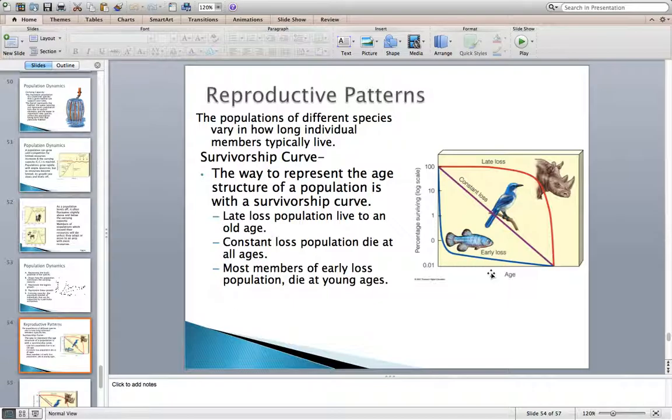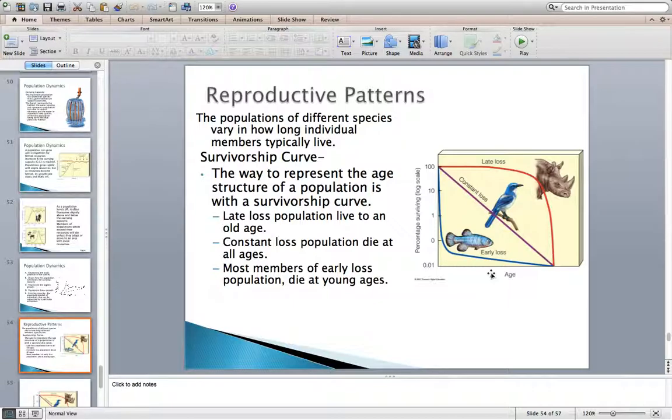Because in a type 1 survivorship curve, survival rates are high when organisms are young and decrease sharply when organisms are old. In a type 2 or constant loss survivorship curve, survival rates are equivalent regardless of an organism's age. So in the constant loss, it doesn't matter if you're young or old, the survival rate is going to be the same.